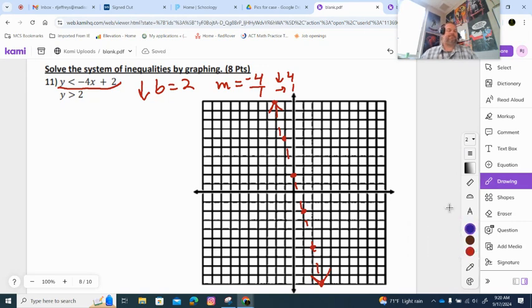Now, this one right here, remember we had X and anything in a number was a vertical line, right? So Y and a number is a horizontal line.